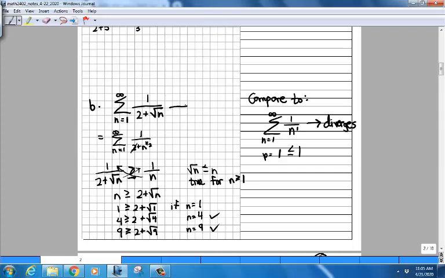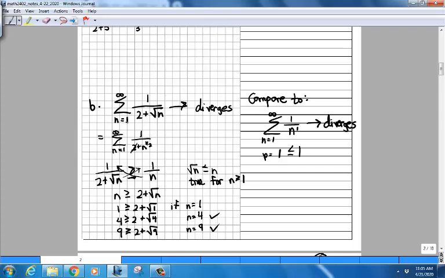So there we have it. We know that this series diverges because its comparison series diverges, and the numbers in this series that we're adding up are bigger than the numbers in this series. Well, at least they're going to be bigger once your index is past the number 4.